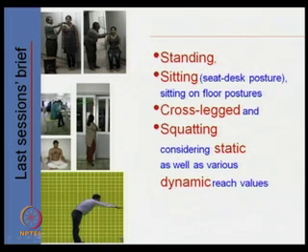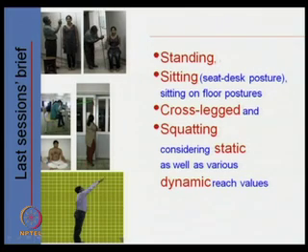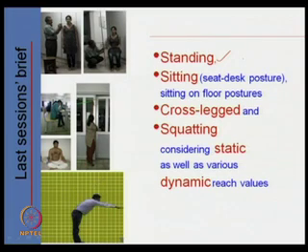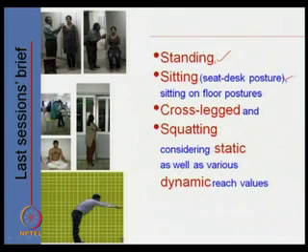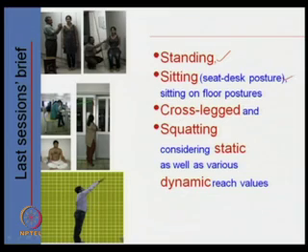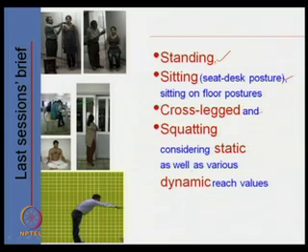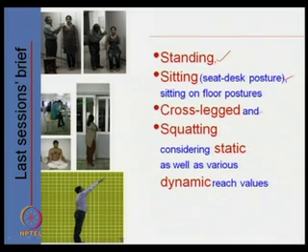That was basically for standing measurements, sitting, that is seat desk posture measurement, and sitting on floor posture, that is cross-legged and squatting, considering static values as well as various dynamic reach values.